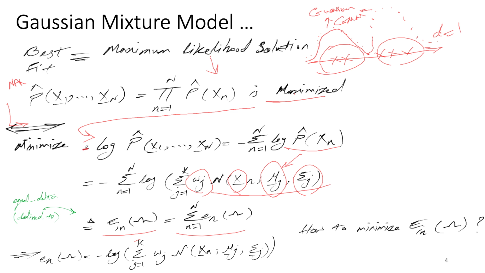Note that also there's a minus here. All right, so we reached the point that we want to minimize En of omega, right?